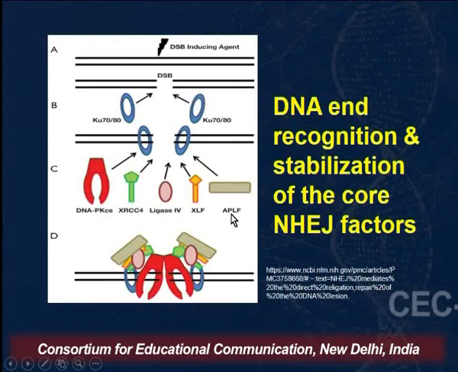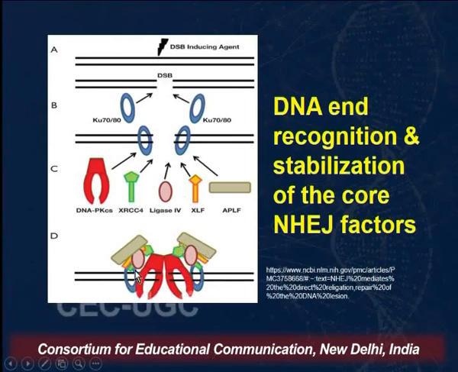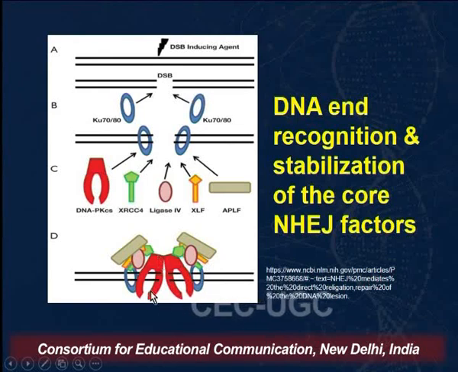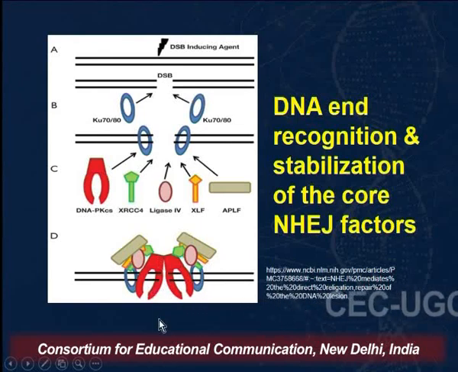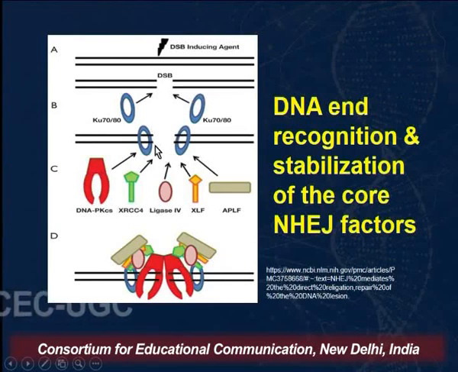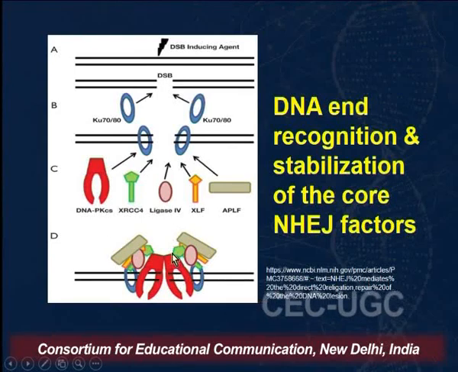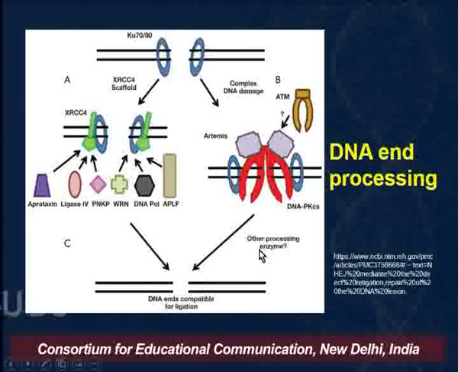So as you can see on the ends, these NHEJ factors are recruited. So this is the first step where the DNA recognition and DNA stabilization by these proteins is there, and then further recruitment of the NHEJ core factors occurs.